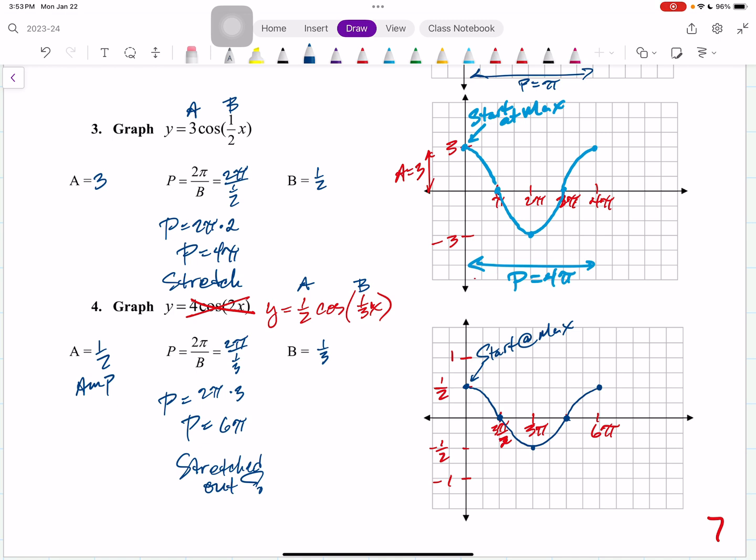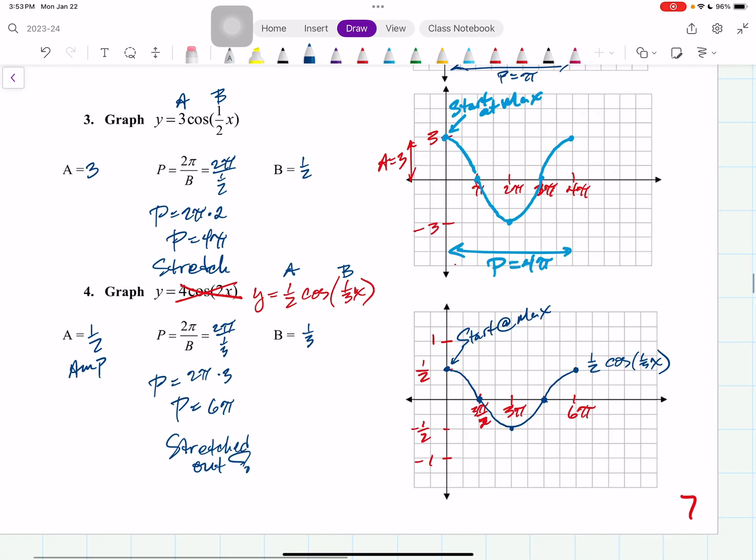Oh, I forgot to put the sound effects in. Sorry, guys. Okay, so there you go. And there is your function, 1/2 cosine of 1/3 x. There we go. And that, my friends, is how it's done.